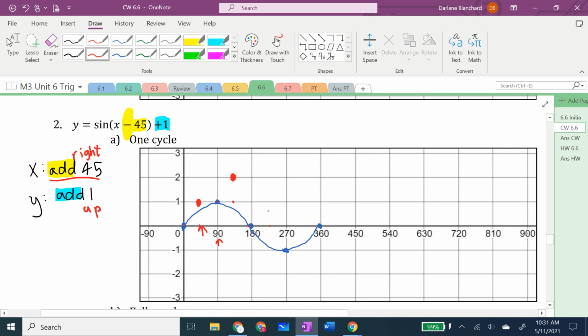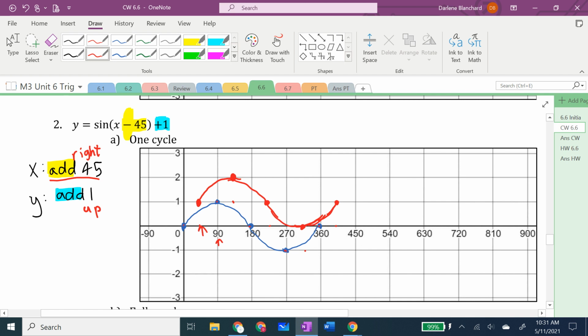This point, right 45, up 1, right 45, up 1, right 45, up 1. If I don't have any multiplication or division, then the graph is going to just shift.